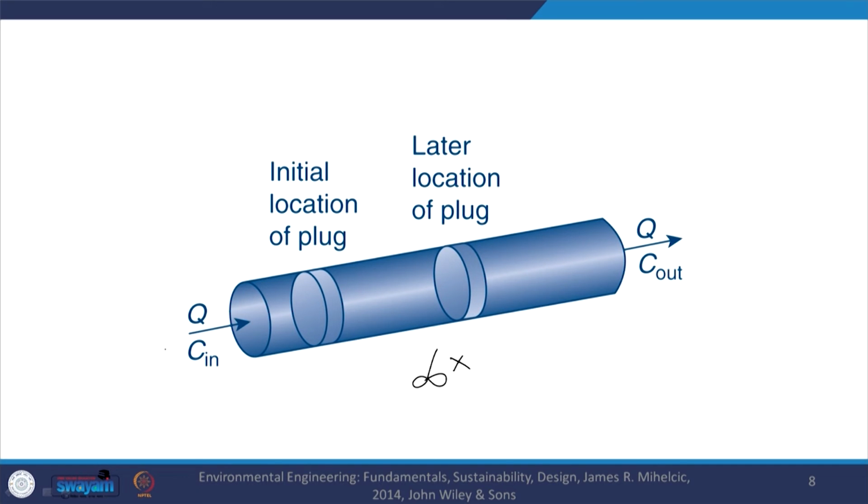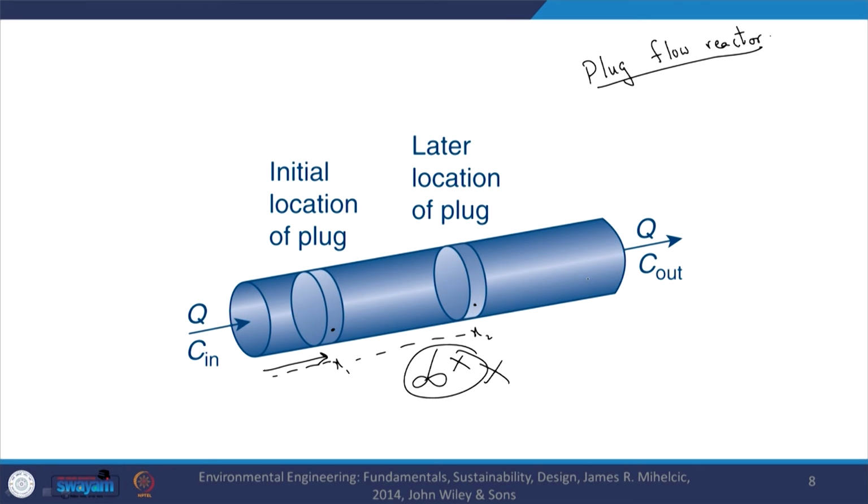So, in an ideal plug flow reactor, if I release a tracer here, after the plug has traveled a certain distance, the shape is going to be like this, and even after it has traveled x2, the shape of the original plug will be like this. Why is that? There is no mixing here. That is why it is called a plug flow reactor. That is something to keep in mind.